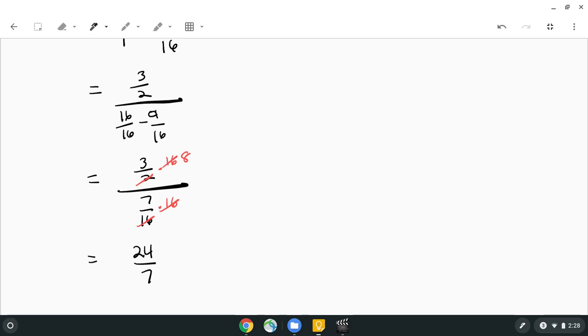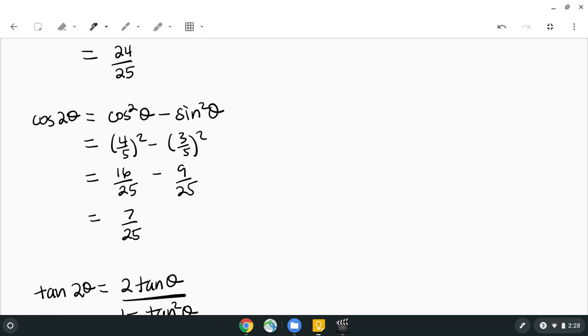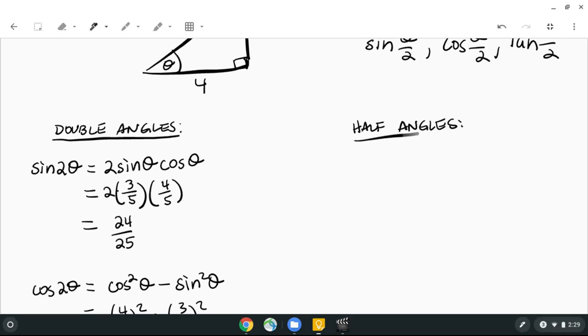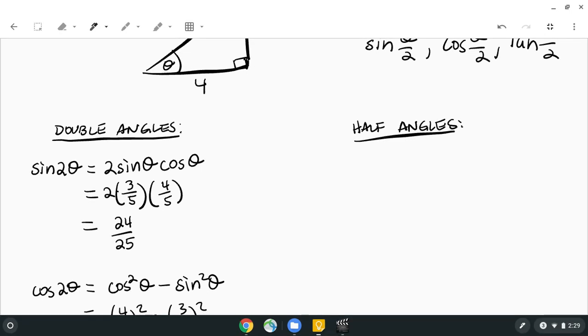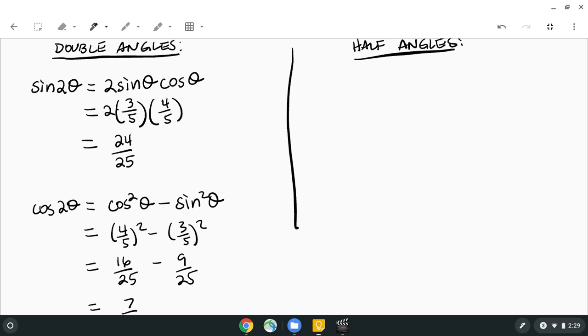All right. So we did the double angles. Now let's go ahead and do the half angles, and we'll do it over here on the side.